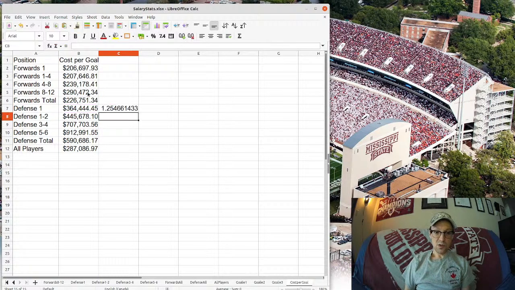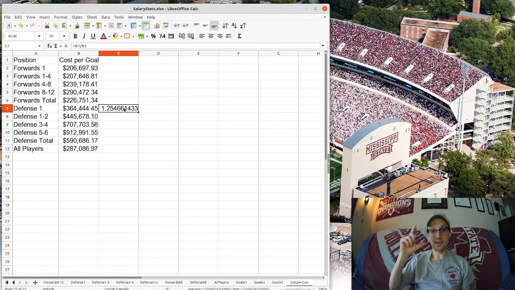So it's 25% more expensive per goal for a top pairing, so your best defenseman versus your bottom four forwards. So at least on a cost per goal basis, defensemen are far overpriced.